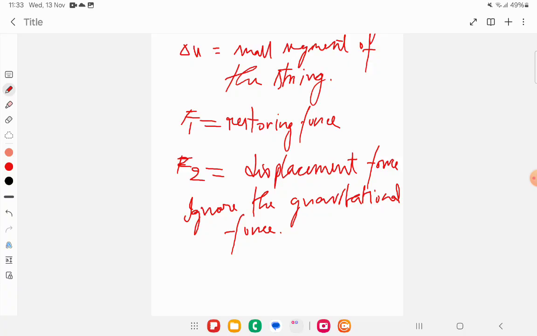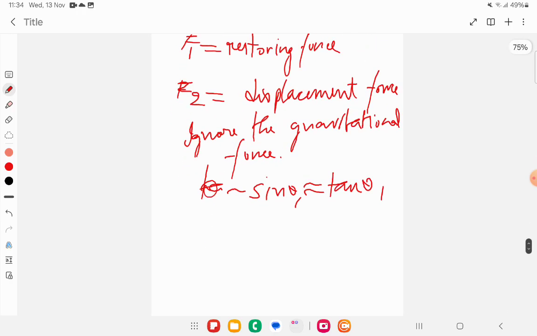Now, theta is very small, so sin theta is equal to tan theta for both angles theta 1 and theta 2.